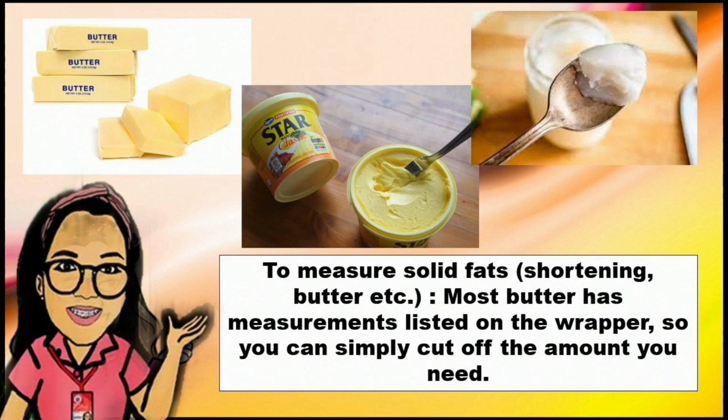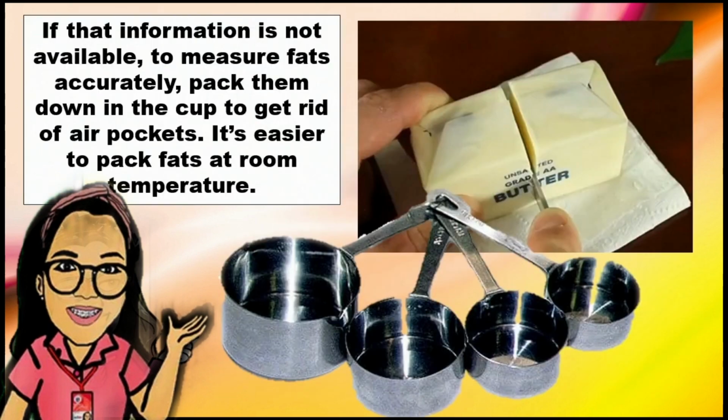You can also use measuring cup for dry ingredients or measuring spoons in measuring shortening like butter, margarine, etc. If the measurement information is not available in the wrapper of butter, to measure fats accurately, pack them down in the cup to get rid of the air pockets. It's easier to pack fats at room temperature, or when it's not frozen.